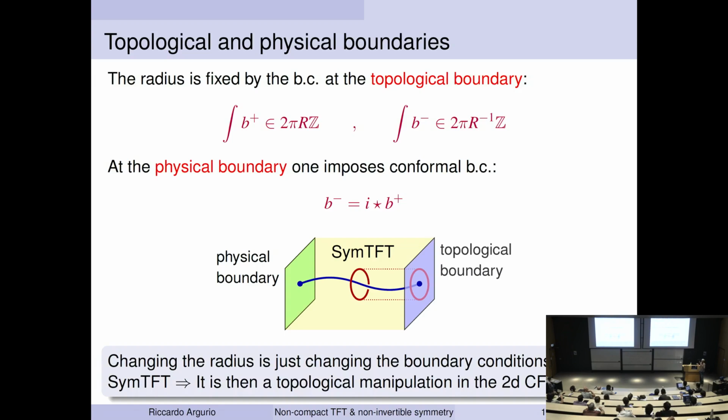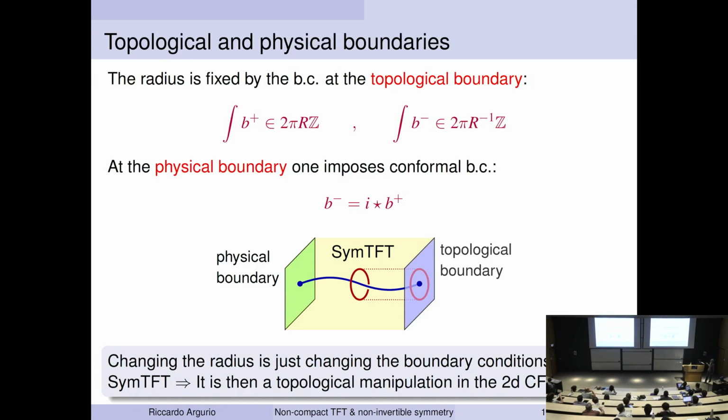The idea is to select a set of lines in the bulk that braid trivially. One way to do that is this, and this set of lines is parameterized by a parameter, which turns out to be the radius. What is very interesting from this perspective is that the radius is encoded in the topological boundary conditions.